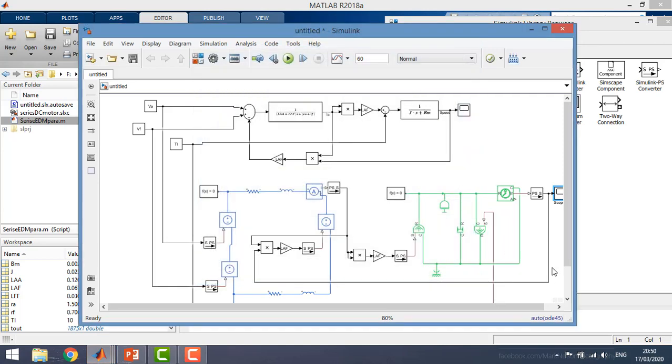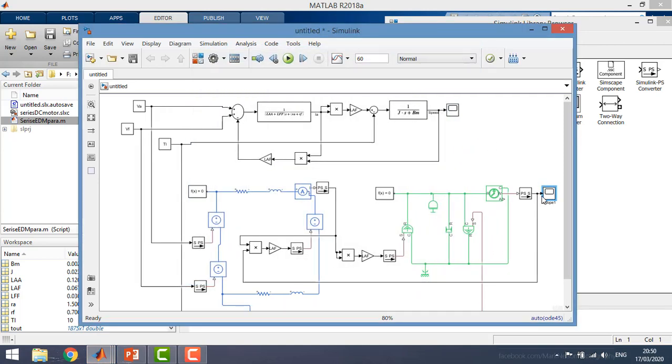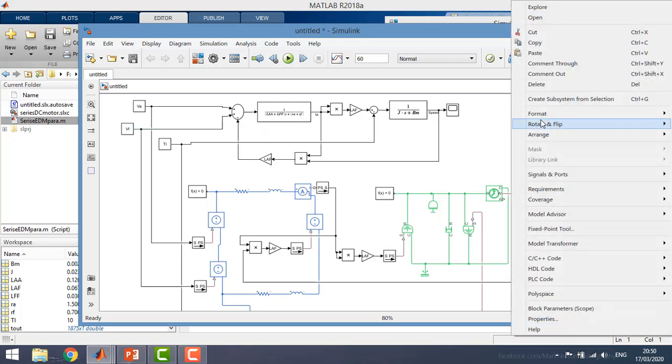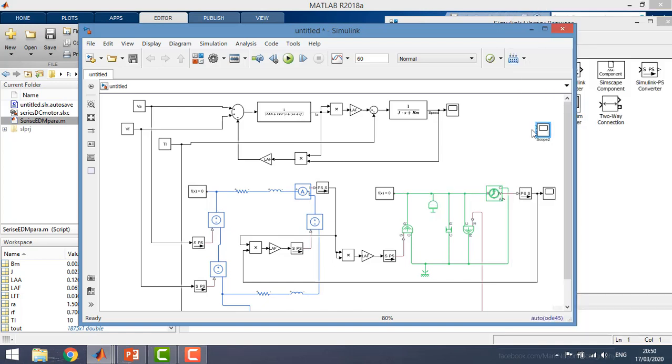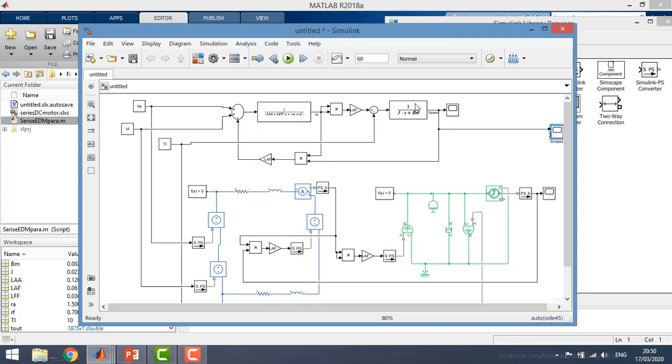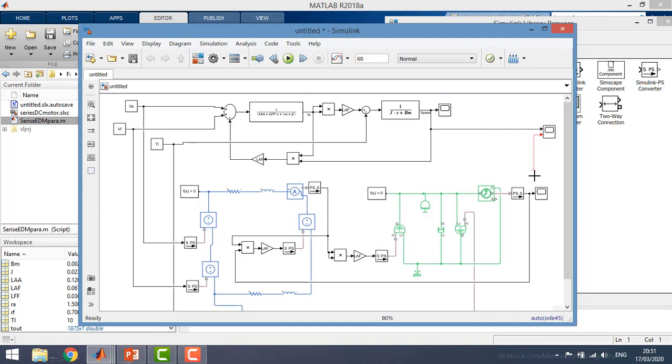All right, and let's put both of them, compare both signals from, so this is a signal coming from the first model, the signal coming from the second model.